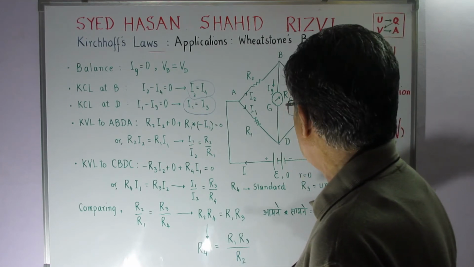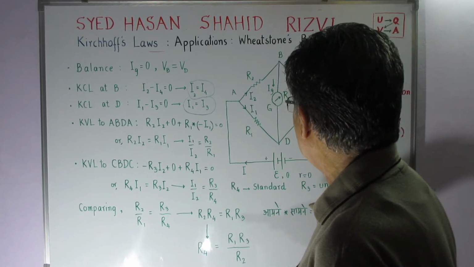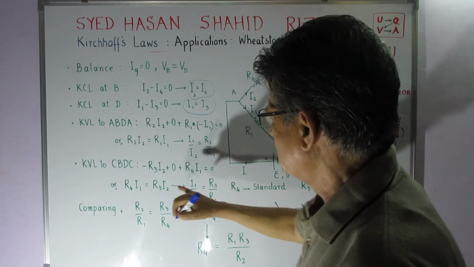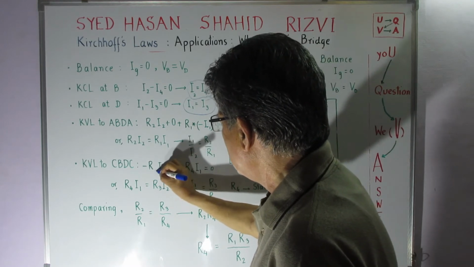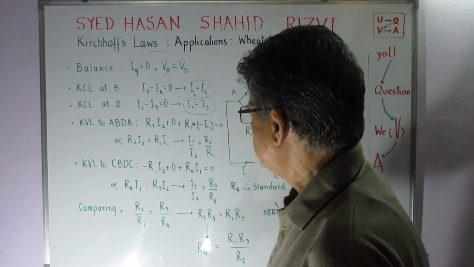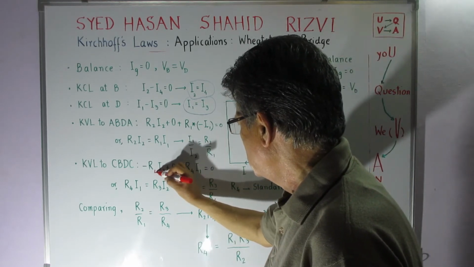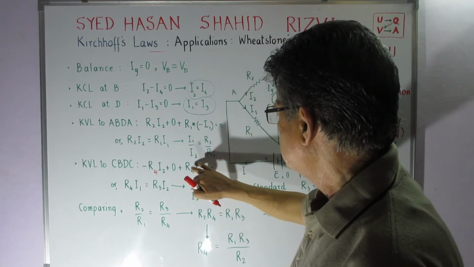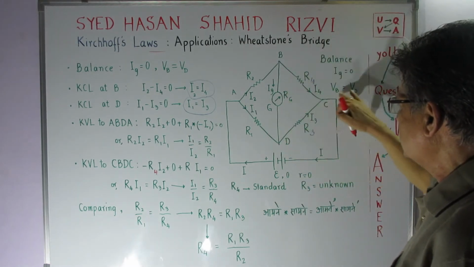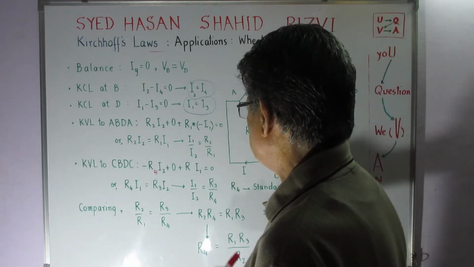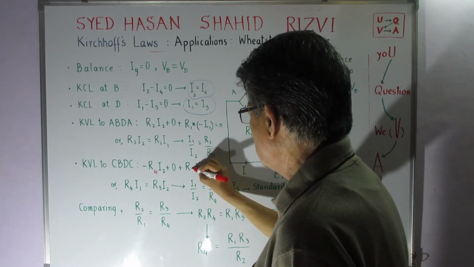Minus R3I2. Oh, R4I2 minus R4I2 minus R4I2 plus 0 plus, when we come back like this, so I3 into R3, where I3 is equal to I1, so this is R3.